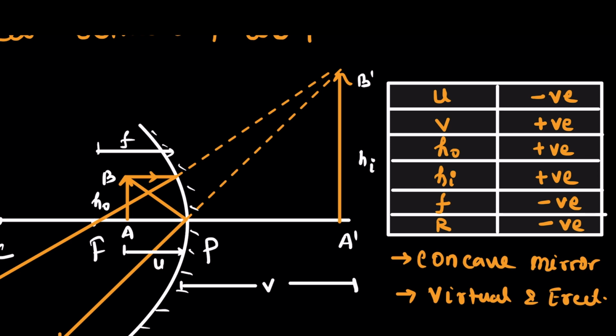Now same way we can move to the convex mirror. In convex mirror, we have only two positions of the object and both form the virtual image. There is no formation of real image in convex mirror.